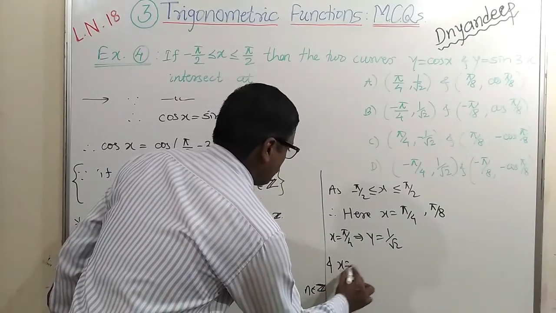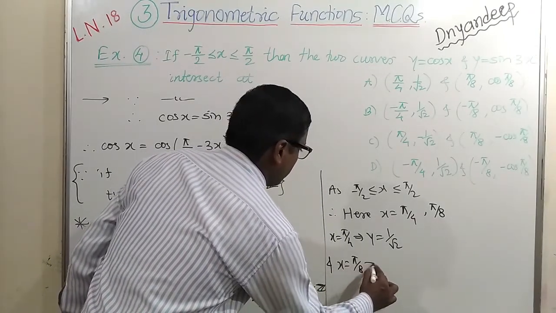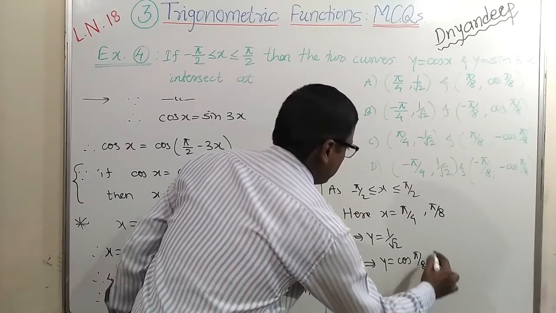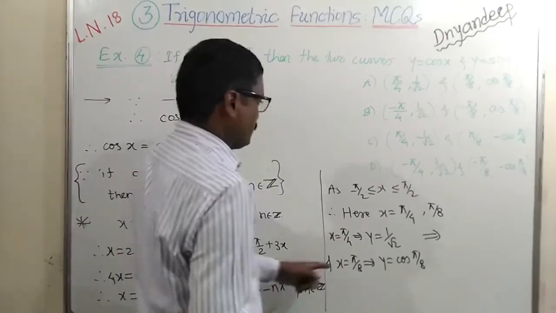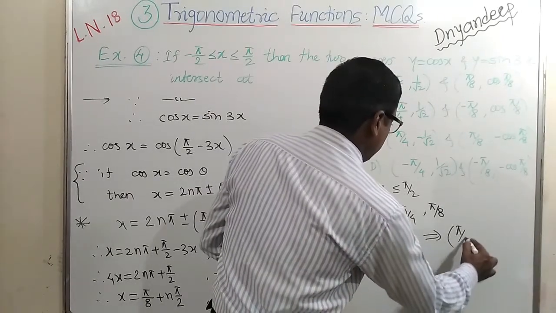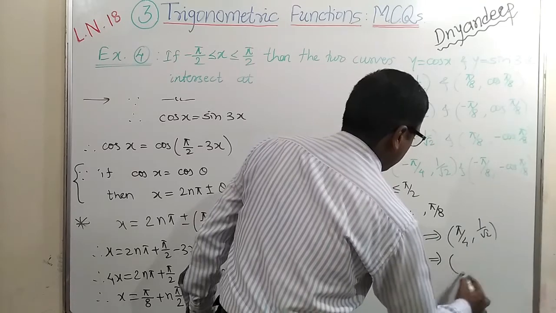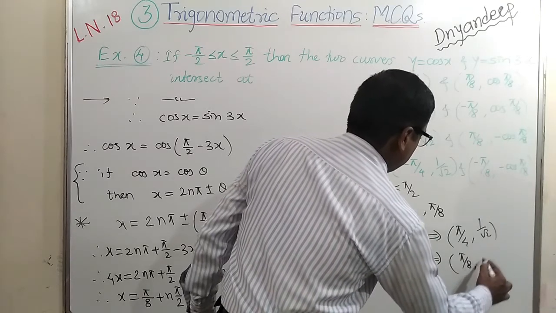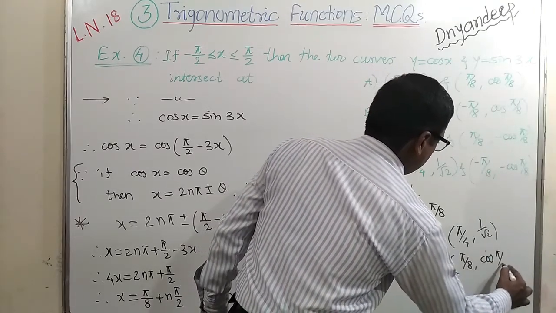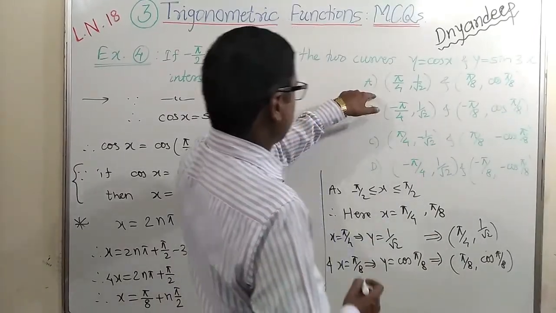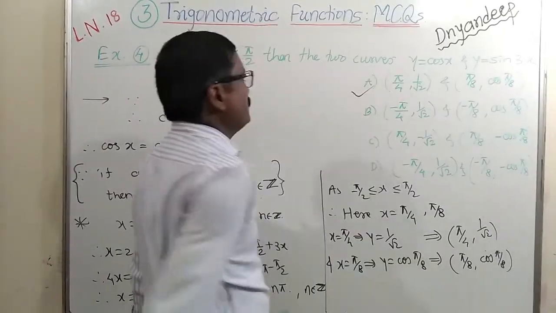And when x is equal to pi by 8, we get y is equal to cos pi by 8. Therefore, this implies the point pi by 4 and 1 upon root 2, and another point, that is pi by 8 and cos pi by 8. So these 2 points are given in option number A. So the correct option is A.